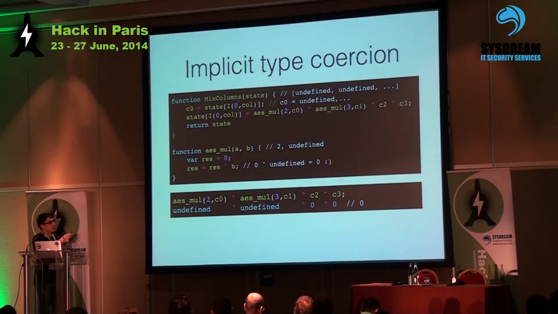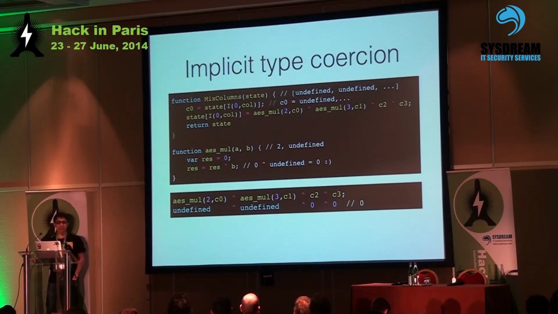Another function being called in each of the rounds of the AES cipher is the mix columns step. And the mix columns step actually silently recovers the state for you. So you have these poisonous undefined values, and then the mix columns step, without going into many details, performs a lot of XOR operations.